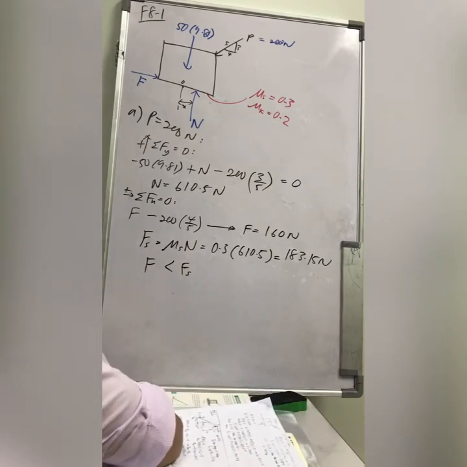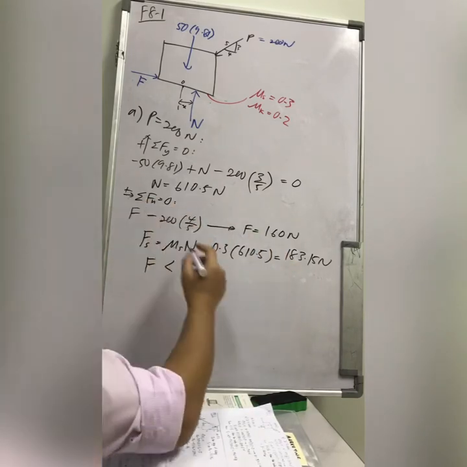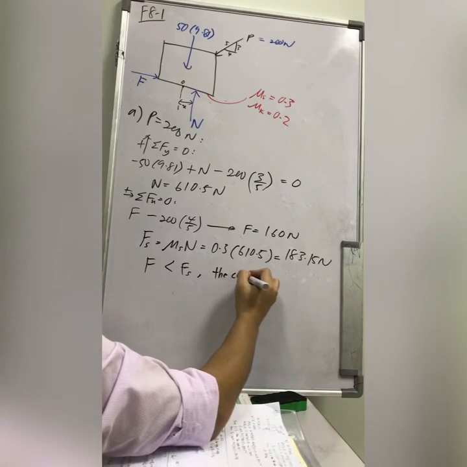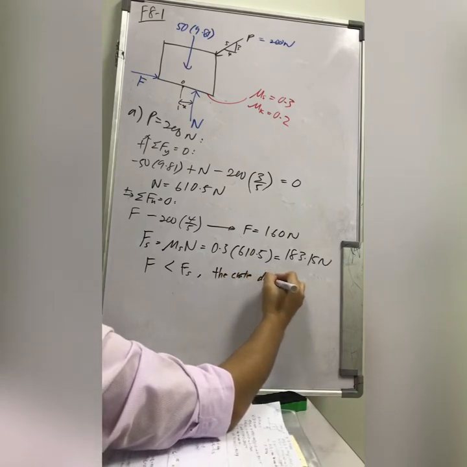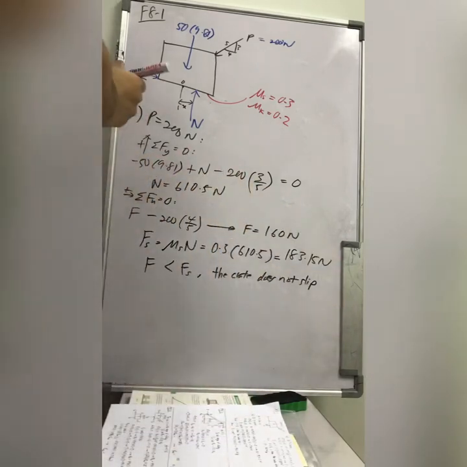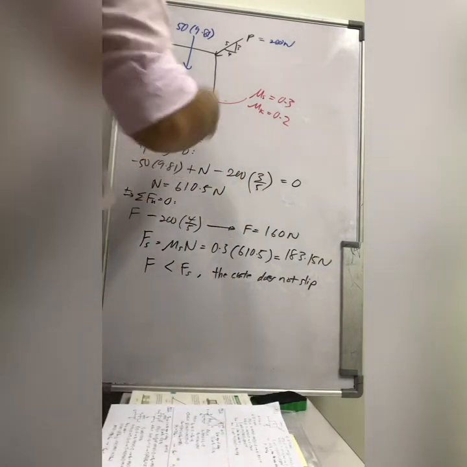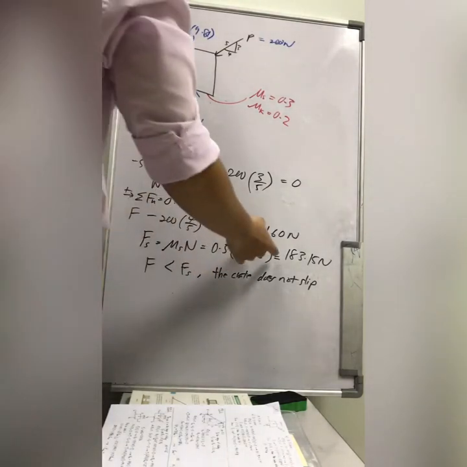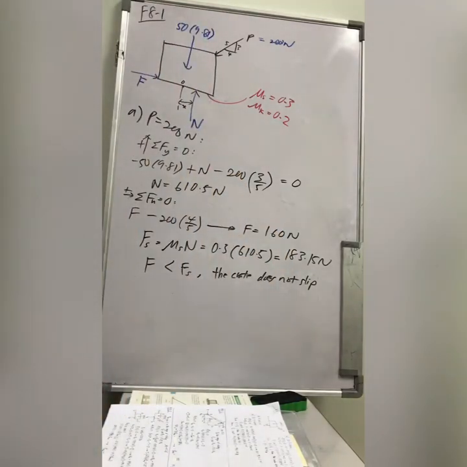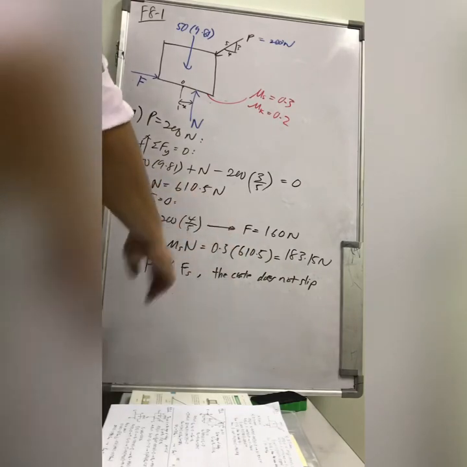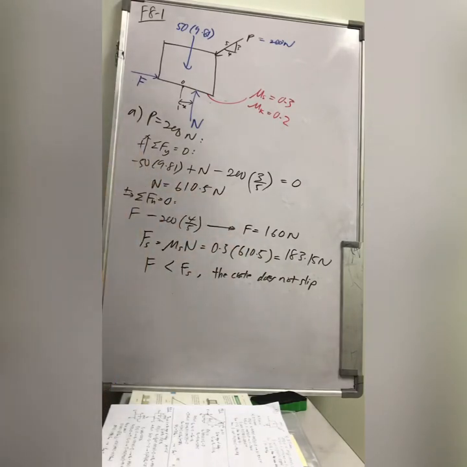It means that the crate does not slip. It doesn't move. Why? Because this friction force doesn't reach the limiting yet, so actually it doesn't move.